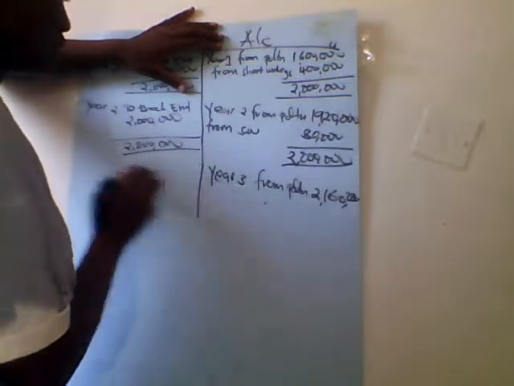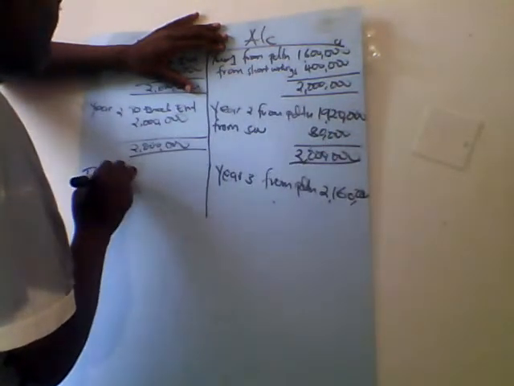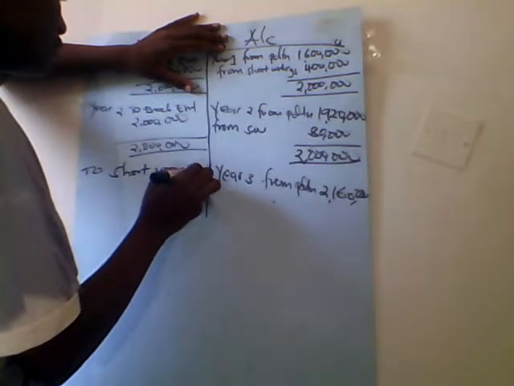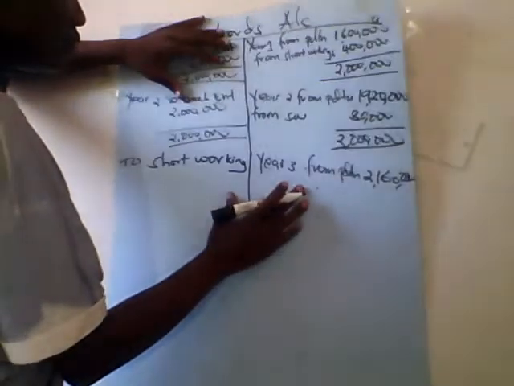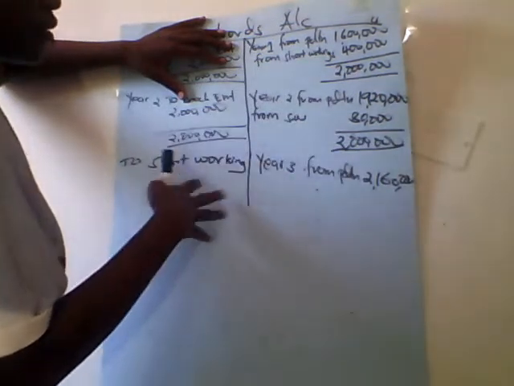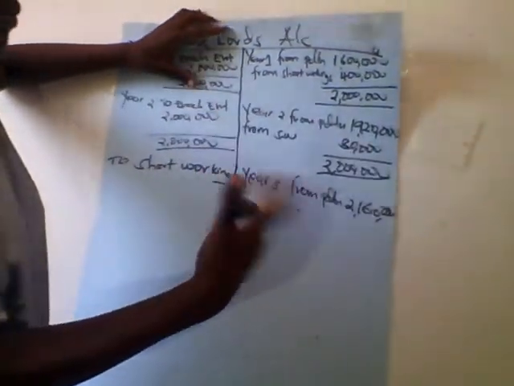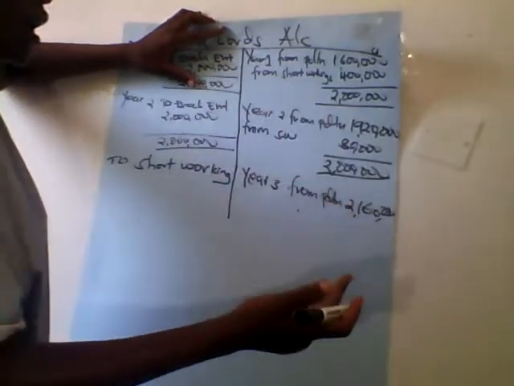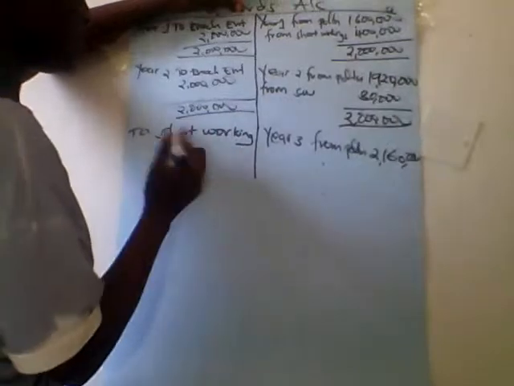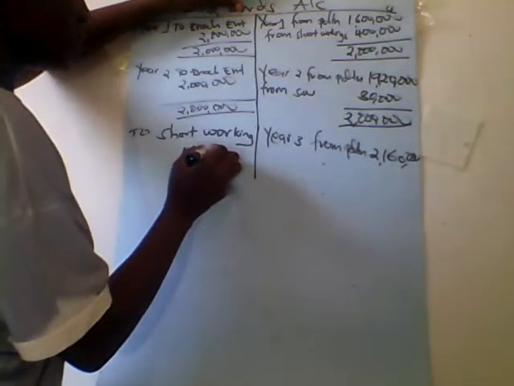Then to short working, because this time we were just recovering, we were not incurring. We recovered the 160. So 160.